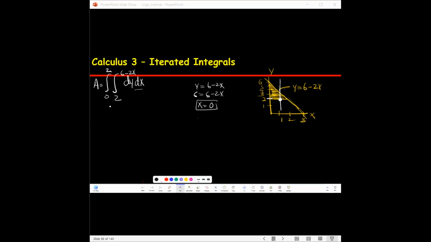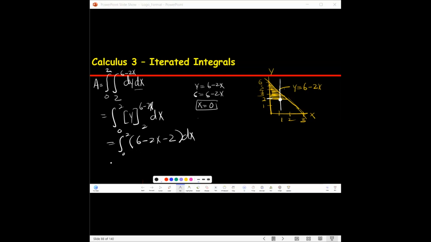Okay, so let's solve this one. The integral from 0 to 2, then y from 2 to 6 minus 2x, then dx. Then I'm going to substitute the values, 6 minus 2x minus 2.